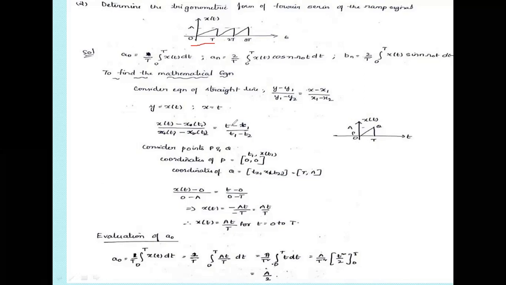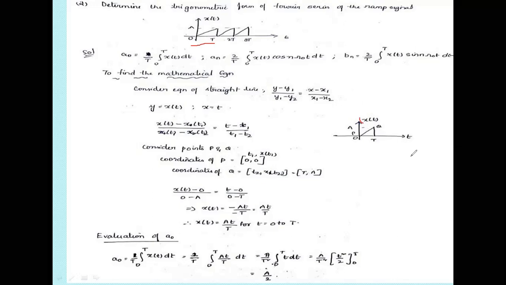Before that, you can find out the slope equation also. So y minus y1 by y2 minus y1 equals x minus x1 by x2 minus x1. Here y is x of t and x is the t variable. On the y-axis there is the x of t signal, and the time period is T. Got it, my dear students?